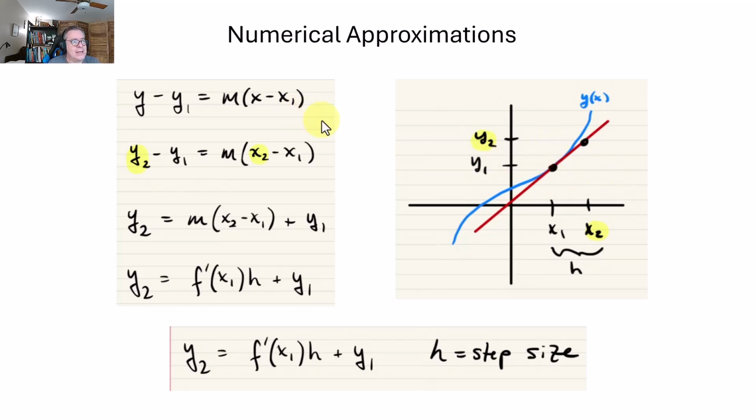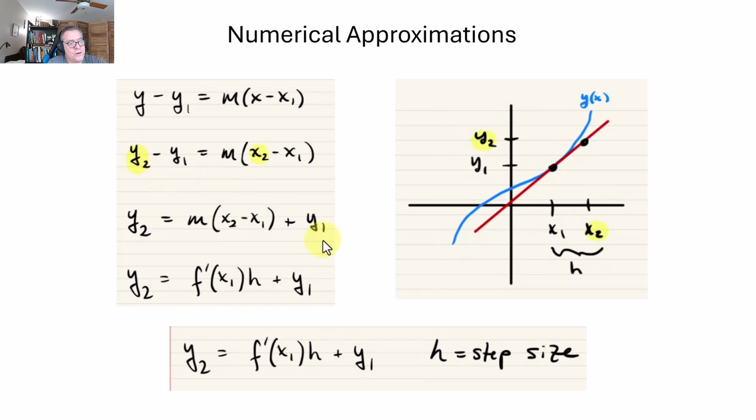So if we think about the equation of a line in general, that's what I have here. And if I'm looking for another point on the exact solution, I could use that equation of the line to find that second point. Here I'm calling it x2, y2. And of course I want to make the step sizes small. And so then I could identify what that y2 point would be by just solving for it.